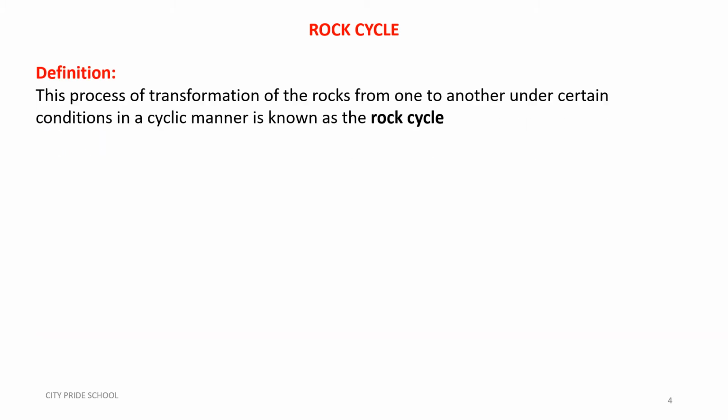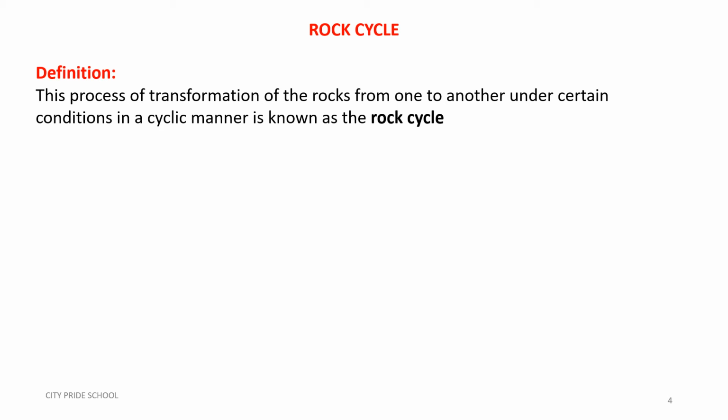Children, you will all be surprised to know that a particular rock changes its form from one type of rock to another in a cyclic manner, and this is called the rock cycle. Let us see how it goes. This is a process of transformation of the rocks from one to another in a cyclic manner, and it is known as the rock cycle.